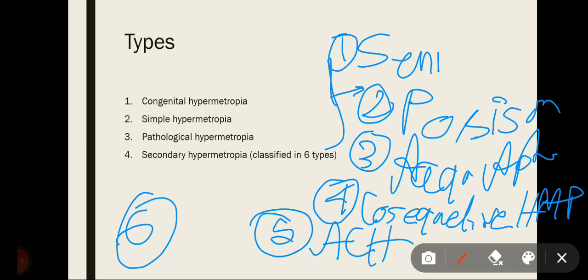And guys, sixth one and last one is functional hypermetropia. Functional hypermetropia results from paralysis of accommodation as seen in patients with third nerve palsy and internal ophthalmoplegia. Oculomotor nerve.